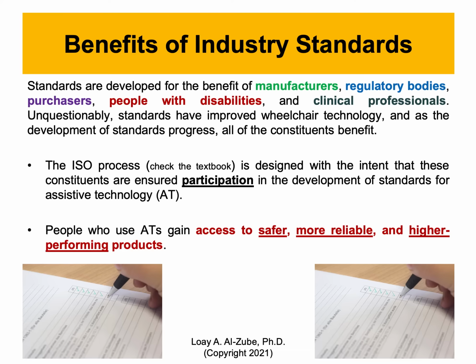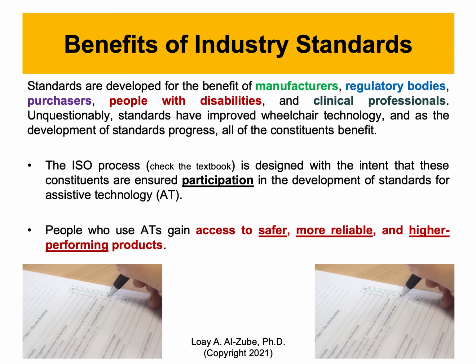All these constituents should benefit from having standards. And unquestionably, standards improved wheelchair technology, and as the development of a standard progressed, all of these constituents benefited from the standard. So having standards is really valuable for any industry, let alone something related to healthcare like wheelchairs, wheelchair seatings, and assistive technology.